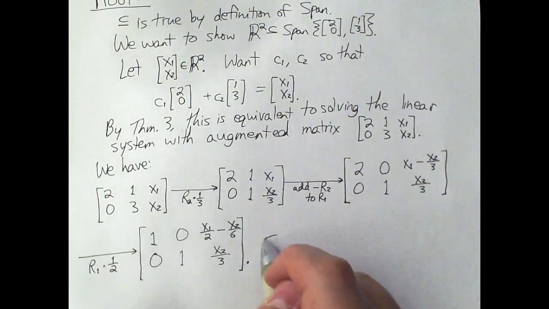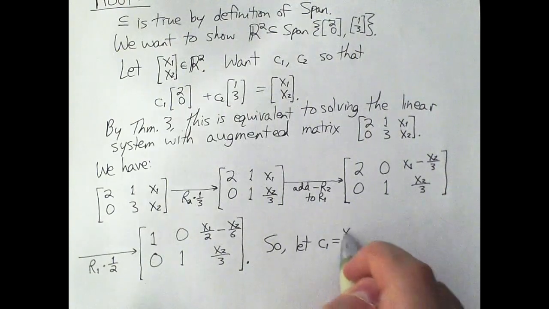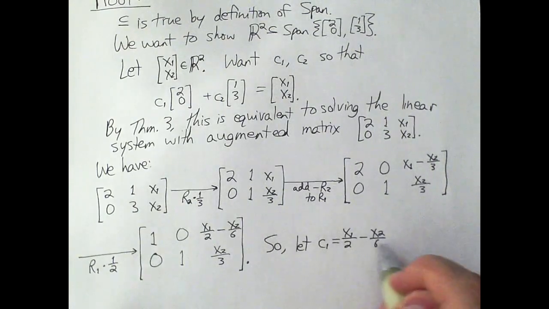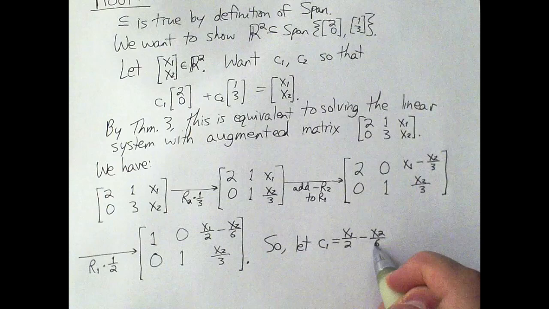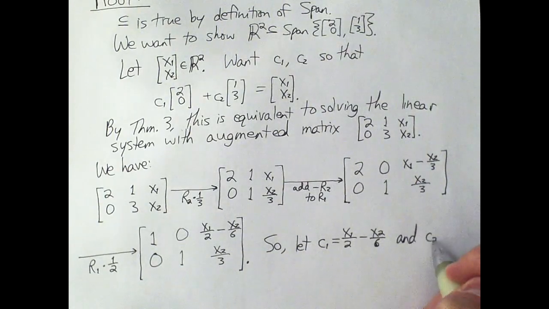So we did that. Let c1 equal what we found, with a 6 down there, and let c2 equal what we found for c2.